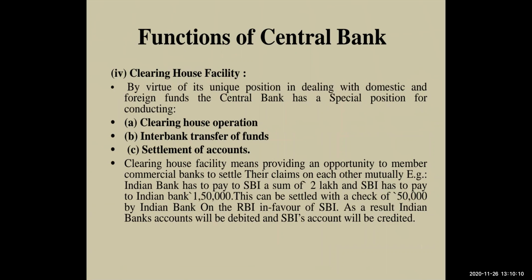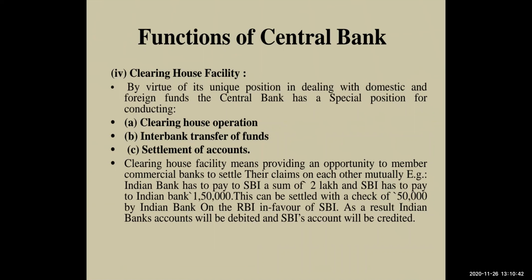Let's say, for example, Indian Bank has to pay SBI 2 lakh and SBI has to pay Indian Bank 1,50,000. Now this can be settled with a check of 50,000 by Indian Bank on RBI in favor of SBI. As a result, Indian Bank's account will be debited and SBI's account will be credited with that 50,000.